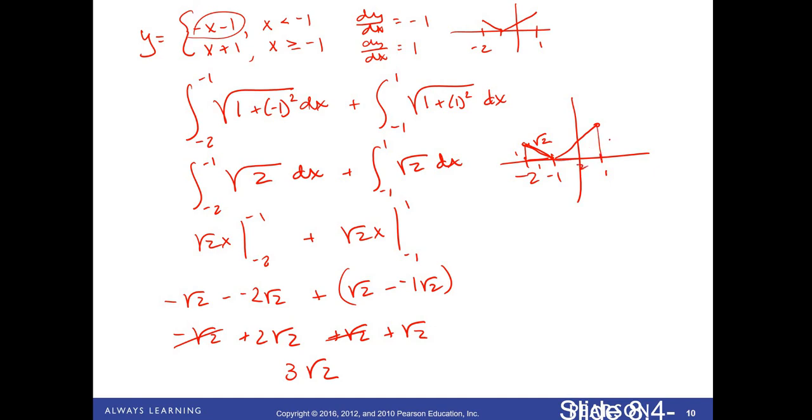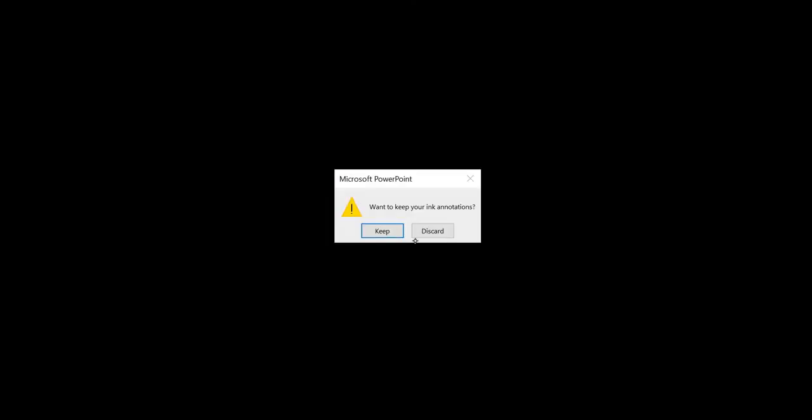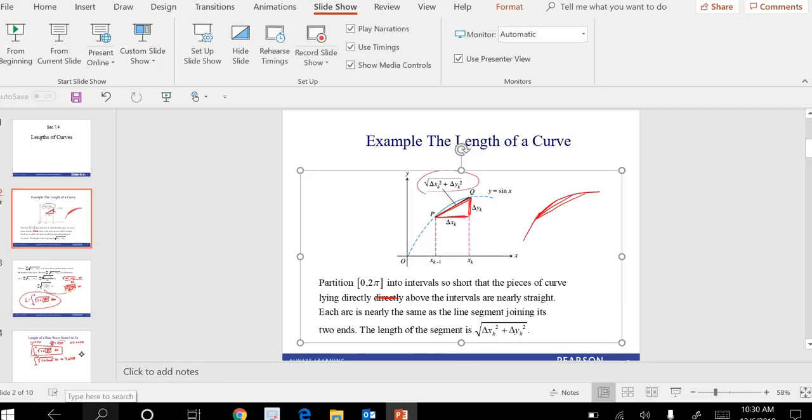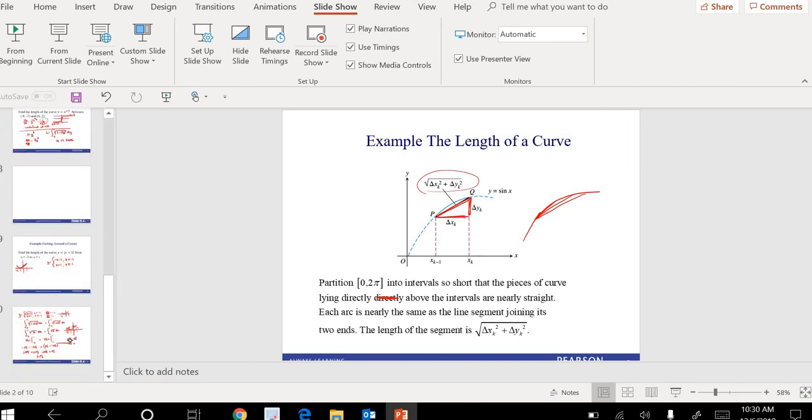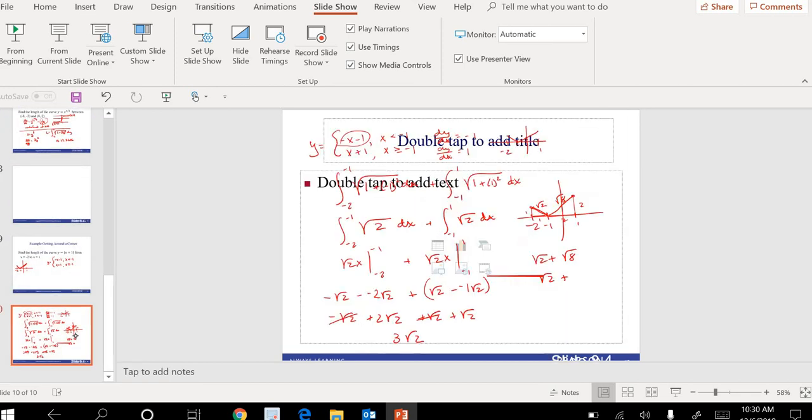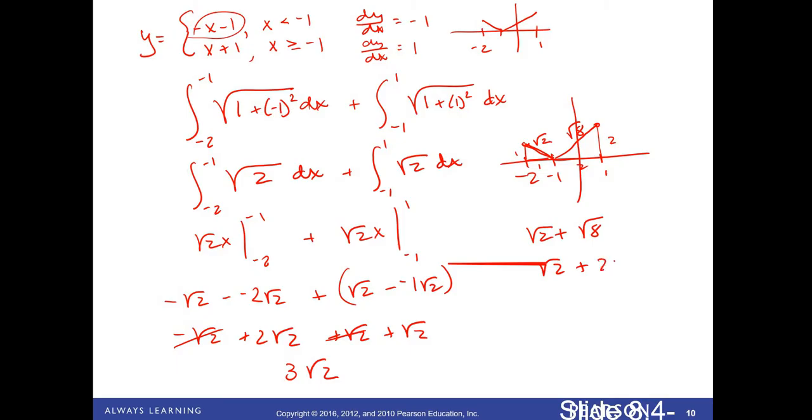This is part of this triangle, side lengths 2 and 2, so 2 squared plus 2 squared is 8, so this is root 8, which is 2 root 2. Adding those lengths, I have root 2 plus 2 root 2, which again is 3 root 2.